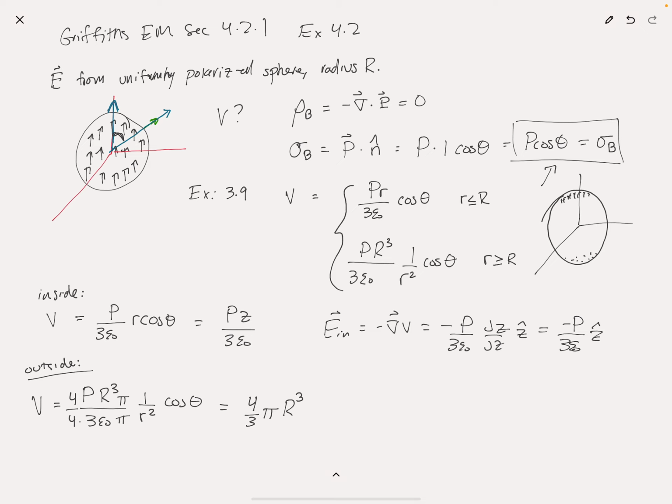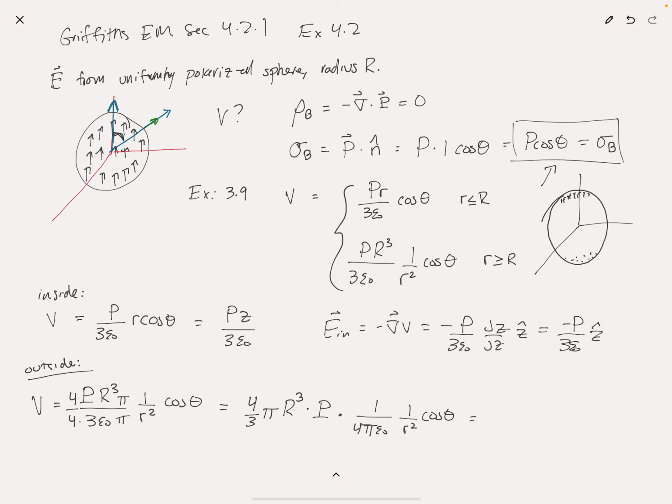4/3 pi R cubed times the polarization P, times what's left: 1 over 4 pi epsilon naught, 1 over r squared, times cosine theta.